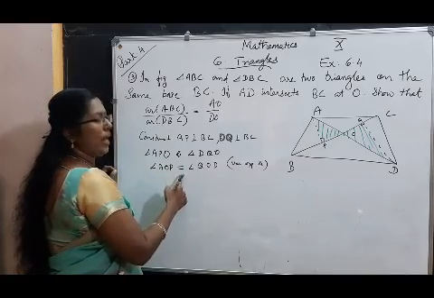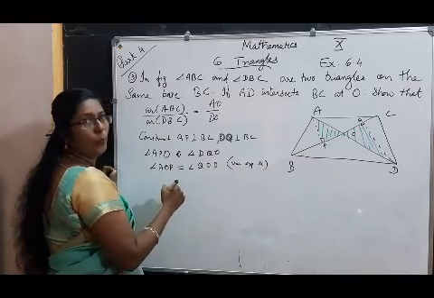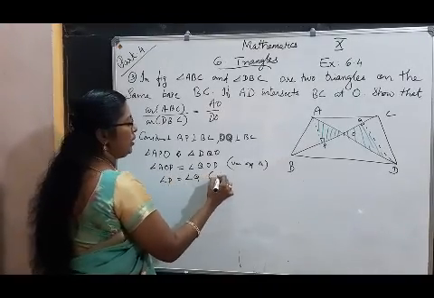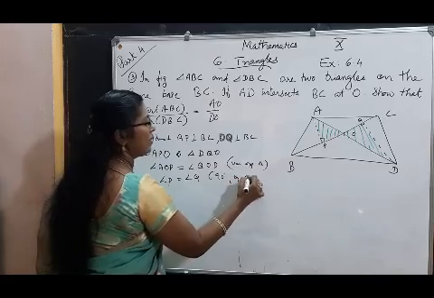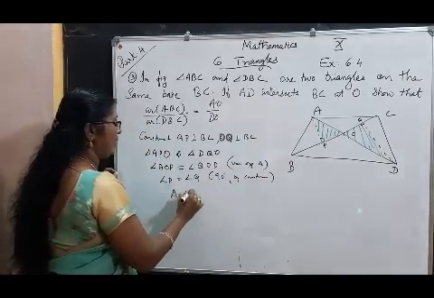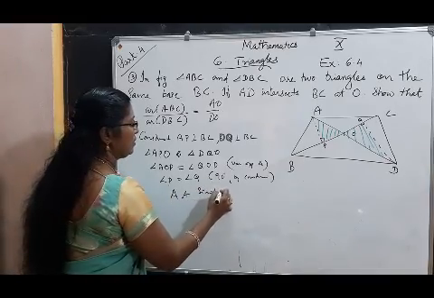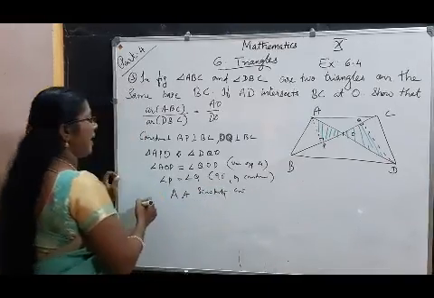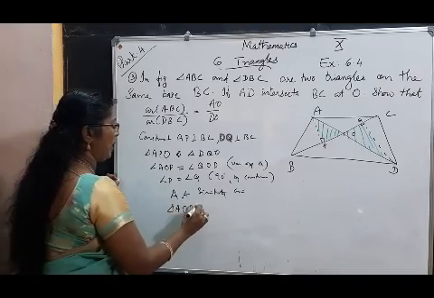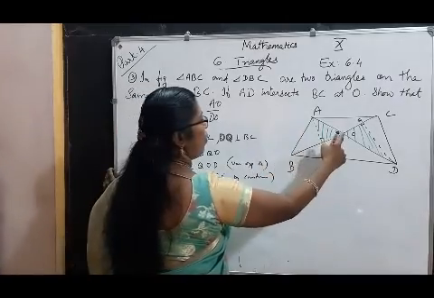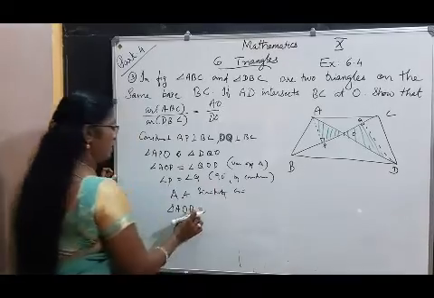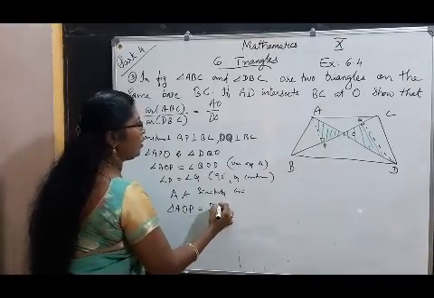Angle AOP equals angle QOD, vertically opposite angles, and angle P equals angle Q, that is 90 degrees by construction. By the AA similarity criterion, we can say that triangle AOP is similar to triangle DOQ.